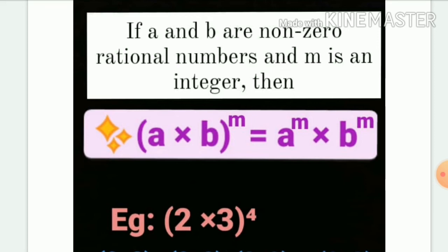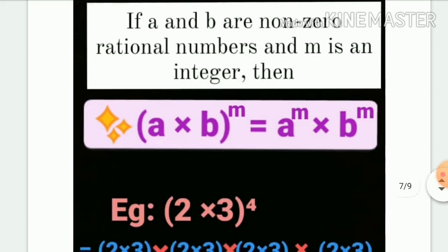So what will it result into? (a multiplied by b) raised to m equals a raised to m multiplied by b raised to m. This common index will go to both bases, to a as well as to b.